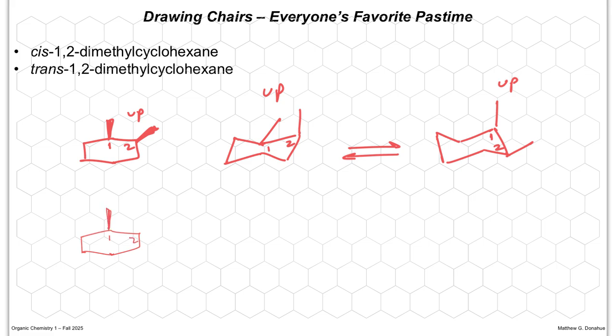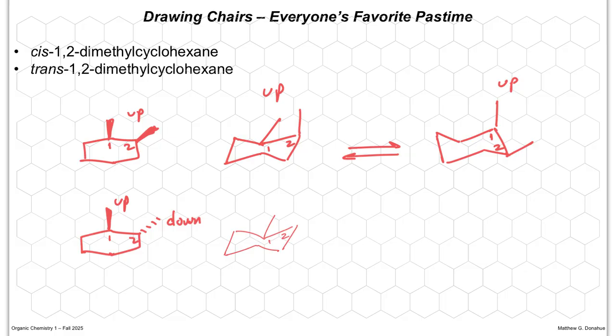So let's do the trans. We'll keep those things the same so I don't lead us too far into the forest here. So the carbon 1, it's still up. Carbon 2 is down. So that means that methyl group is going to be equatorial on top.